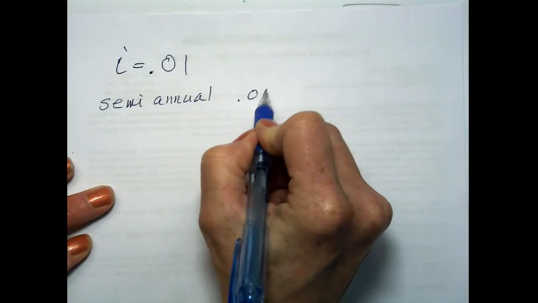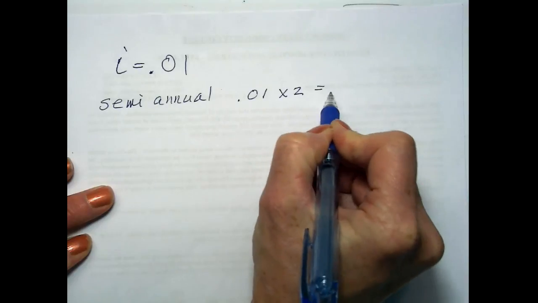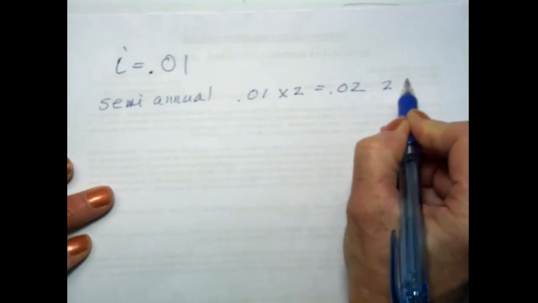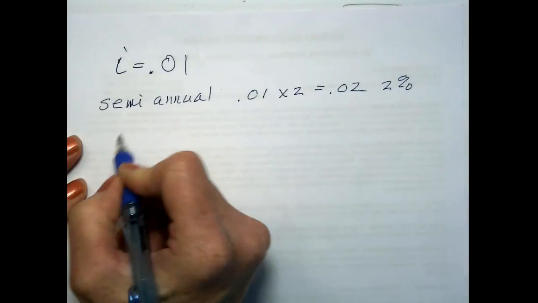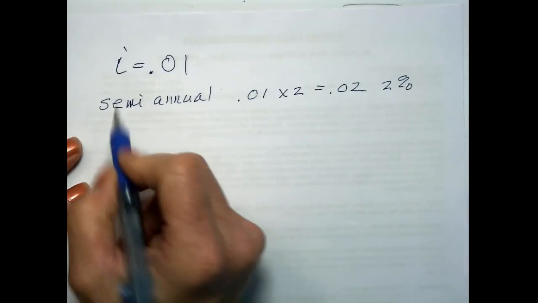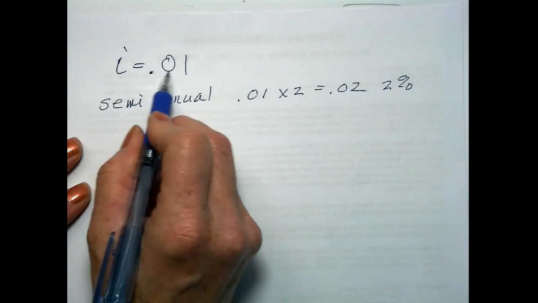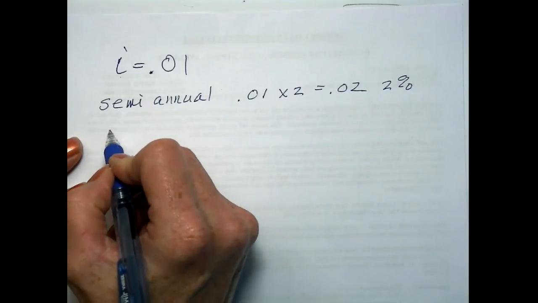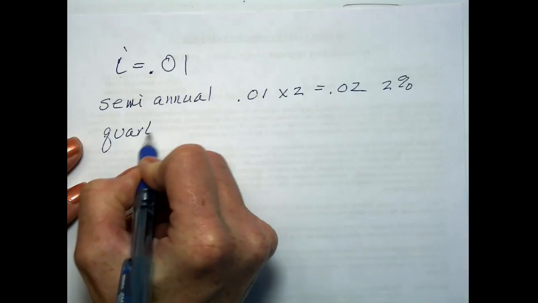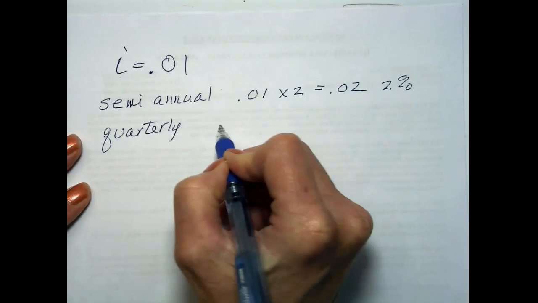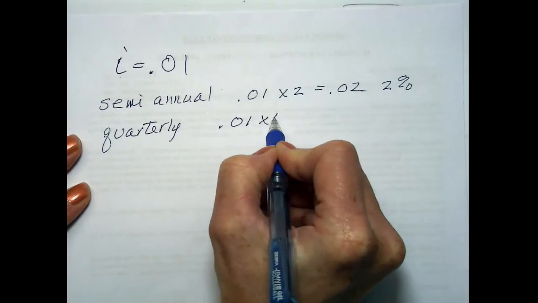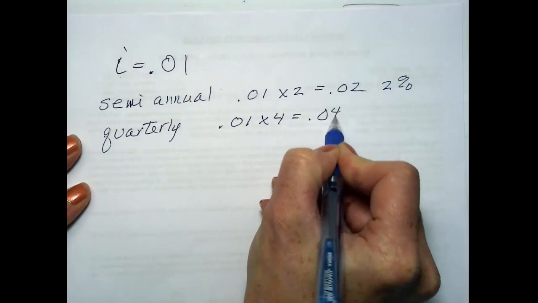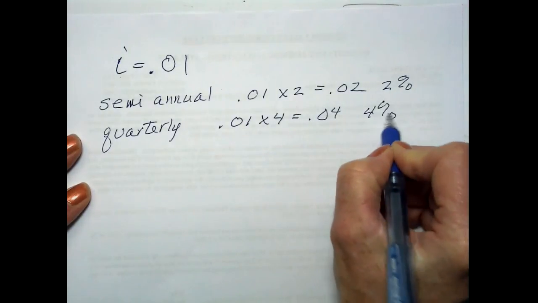If I say that the problem was semi-annual, I wouldn't leave it in that form. I would say 0.01 times 2, or an annual rate of 2%. If I got a problem and I solved for I and it was 0.01, and it was quarterly, 0.01 times 4, or 4% annual interest rate.